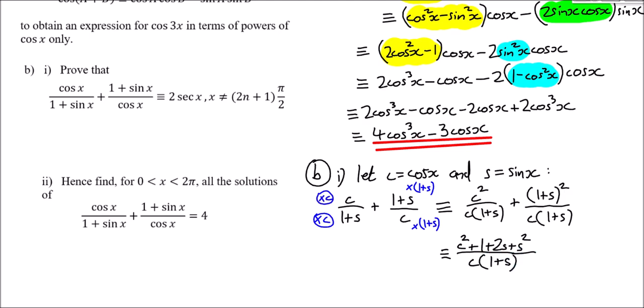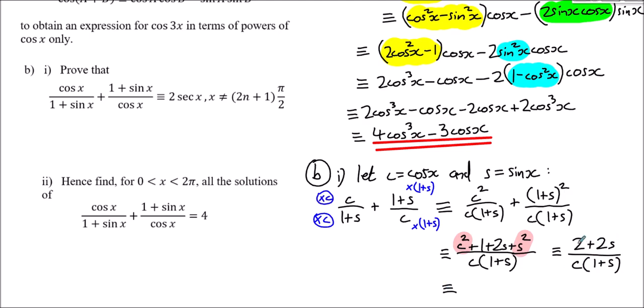But at this step, we need to recall what cos squared plus sine squared actually is. Cos squared plus sine squared equals 1, so we can replace this with 1. That gives us 1, which is cos squared plus sine squared, plus another 1, which is 2, plus of course the 2 sines, all over cosine 1 plus sine.